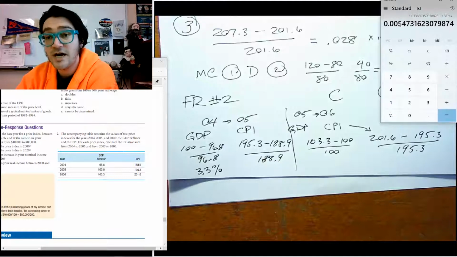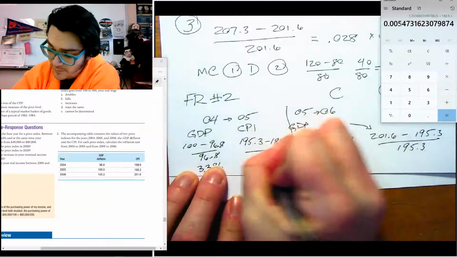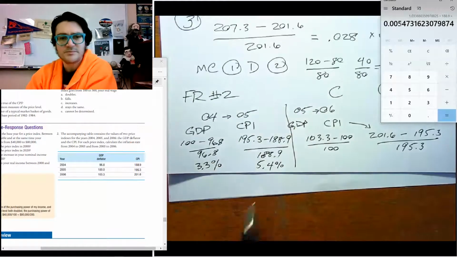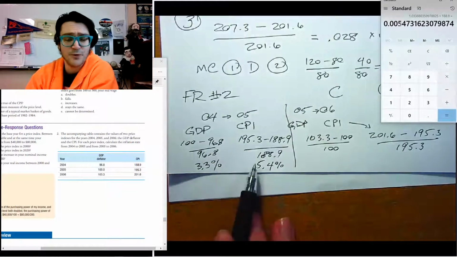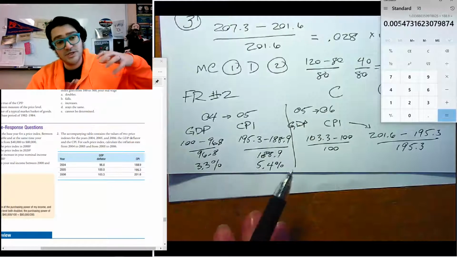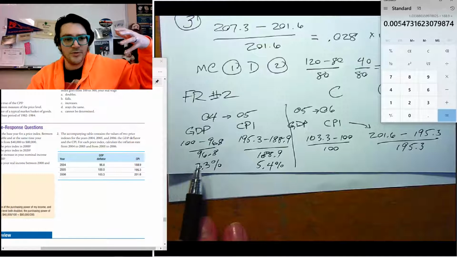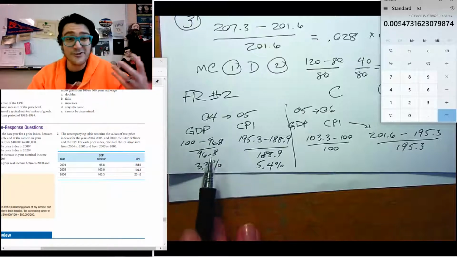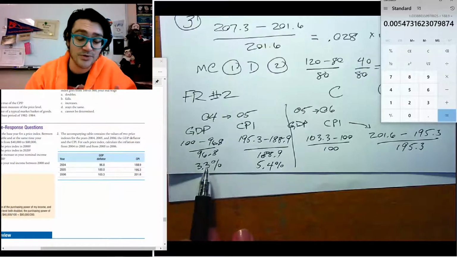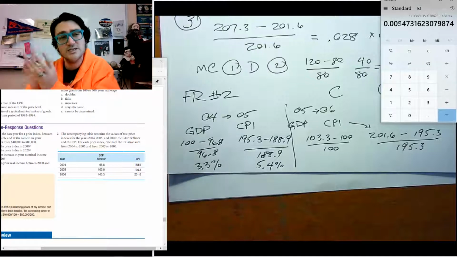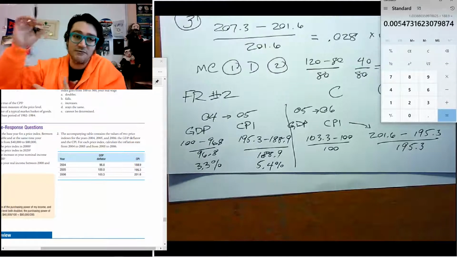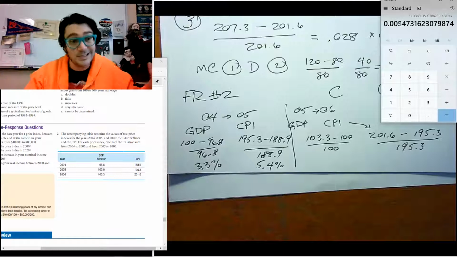So that's 5.4%. So you can actually see here that what happens from 04 to 05 is consumers see prices go up 5%. But what we see for the overall, like everything in the economy, probably only went up 3%. So that means that the prices of stuff that consumers are buying is rising faster than the stuff that maybe everybody else is.